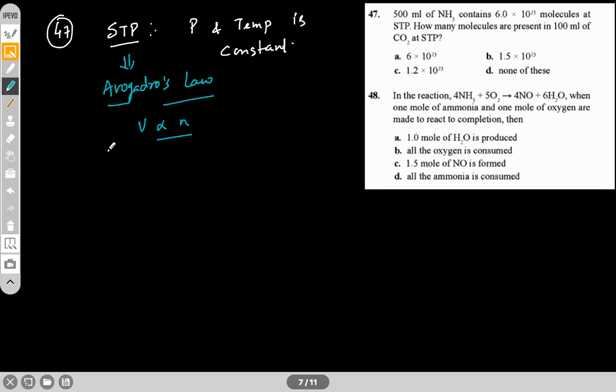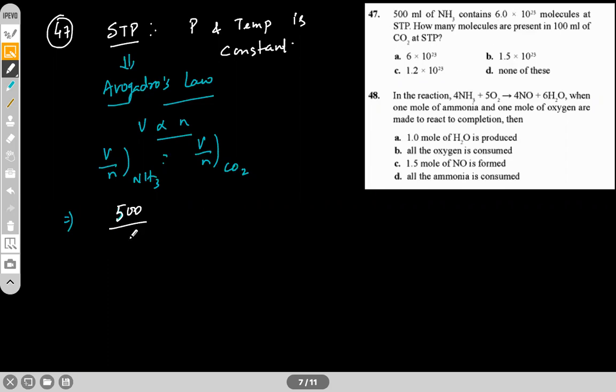Okay, so first of all, we can write for NH3, V by N for NH3 is equal to V by N for CO2. Volume is 500. These many moles is equal to these many molecules, so we can write the number of moles over here.